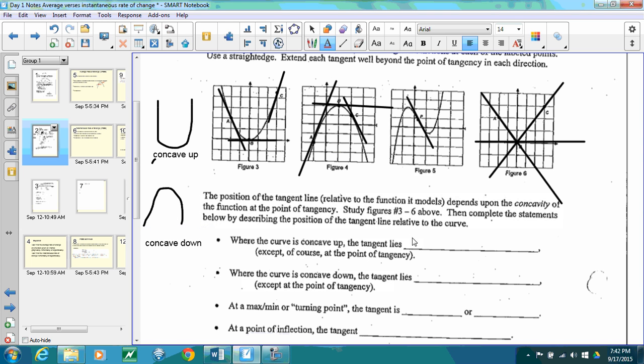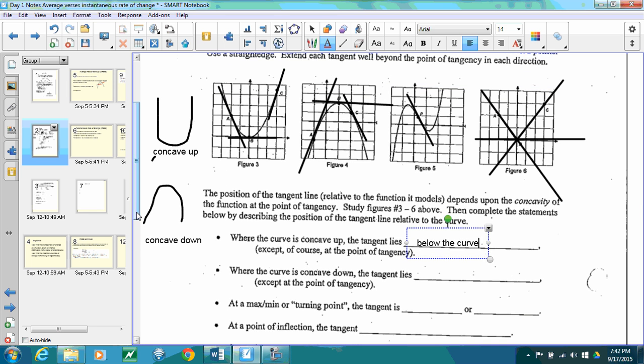So we're going to put in our first blank: where the curve is concave up, the tangent line lies below the curve, except at that point, because then it's on the curve. Then if I look at concave down, that would be figure 4. You can see at each point, the tangent is above the curve.